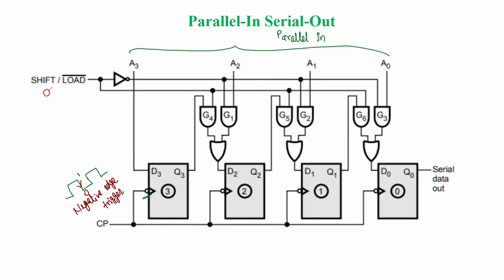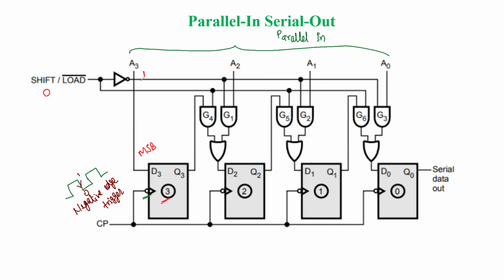So the inverter output is going to be 1 here. And the MSB bit is connected directly to flip-flop 3, which is marked here as 3.